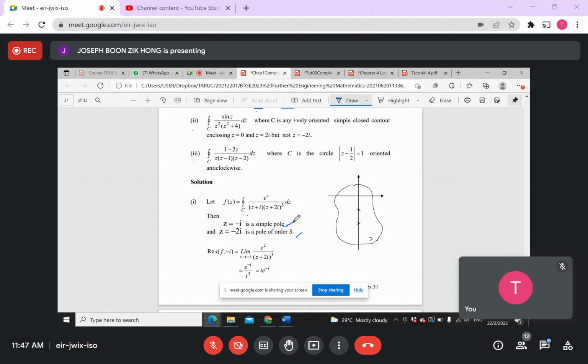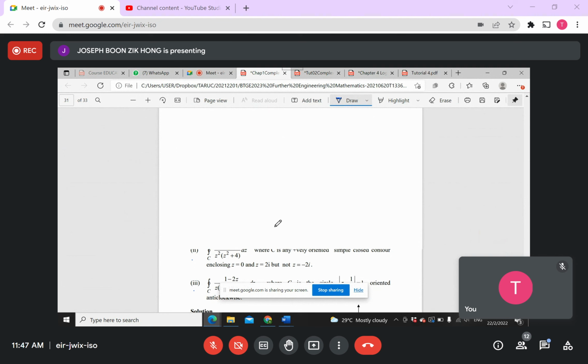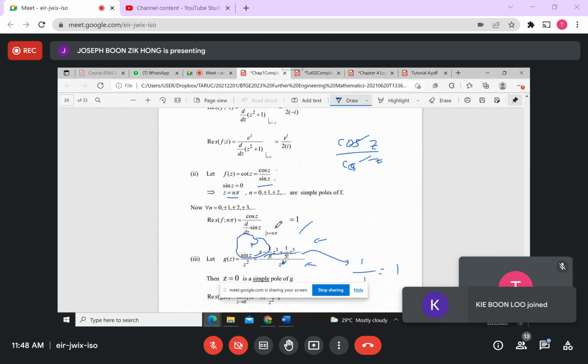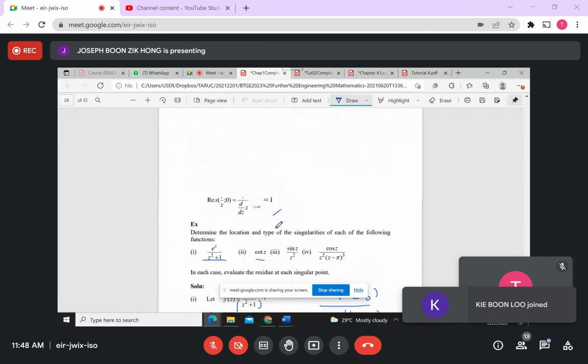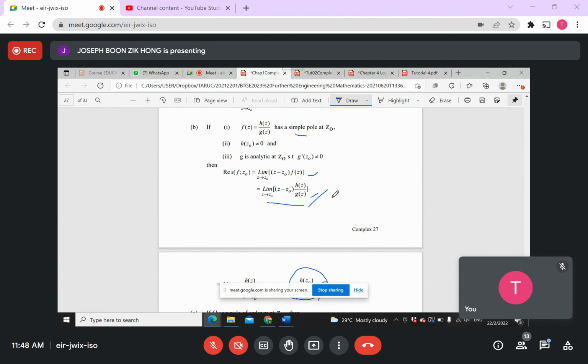Since this is a simple pole, what you need to do is just differentiate this one, or you can do the limit. It's not necessary to use this formula. If you think this formula is difficult to use, then you use this one.